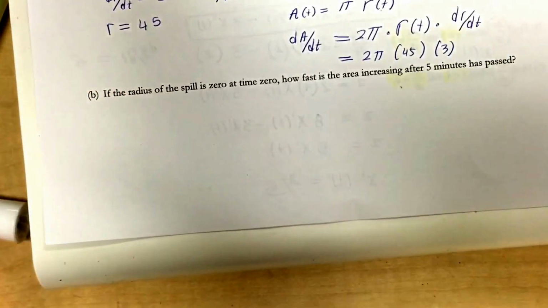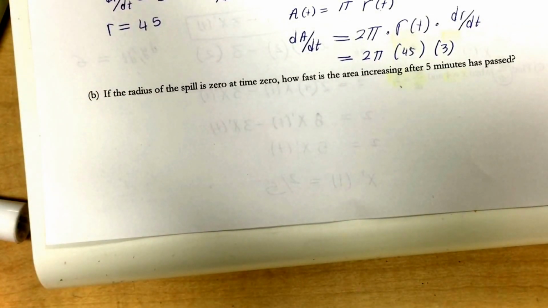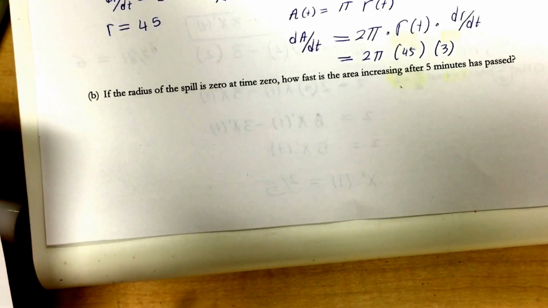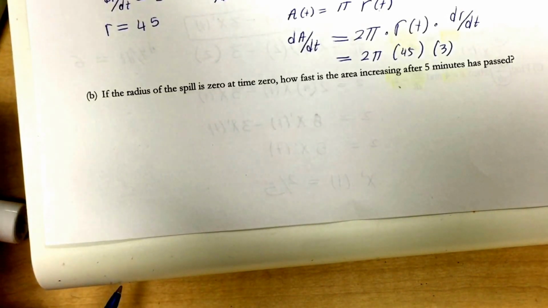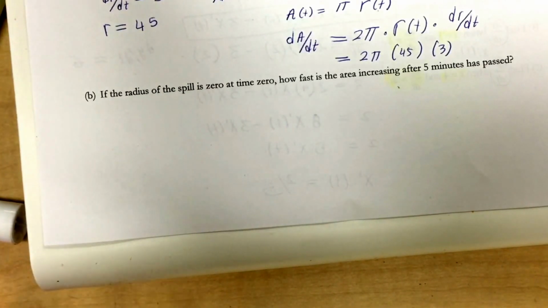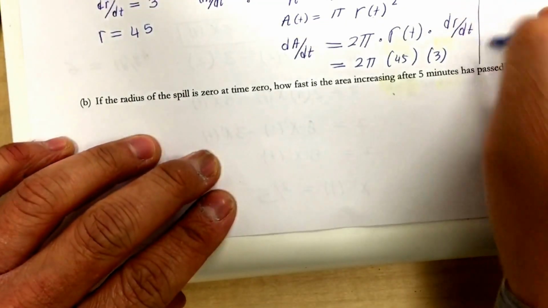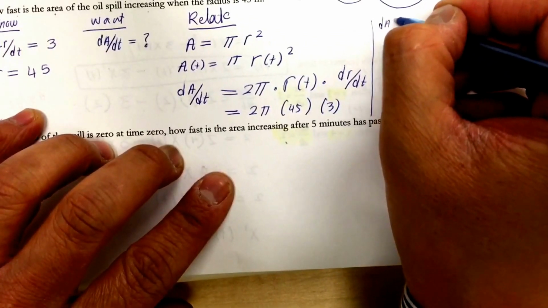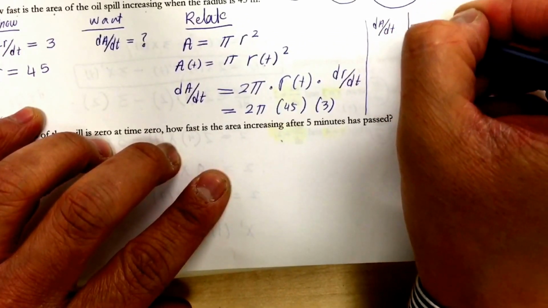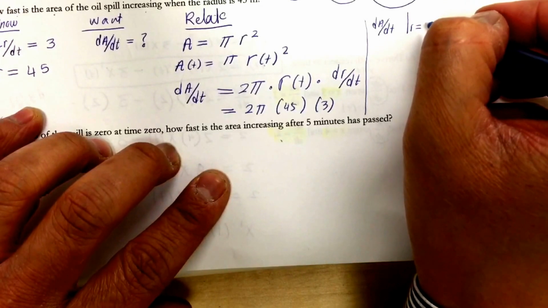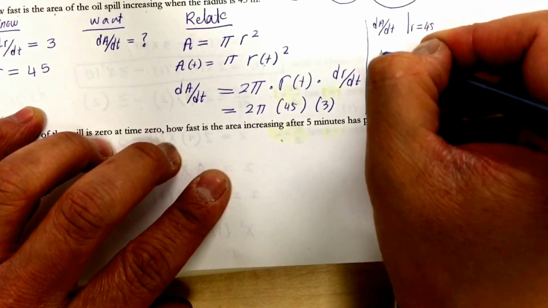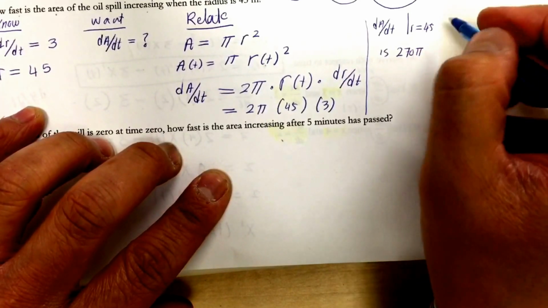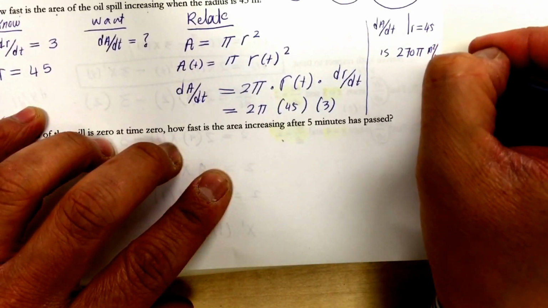And we're going to get 270 pi. So we're looking at the change in the area with respect to the change in time when r equals 45, which is 270 pi meters squared per minute.